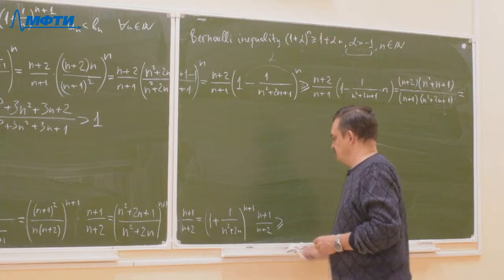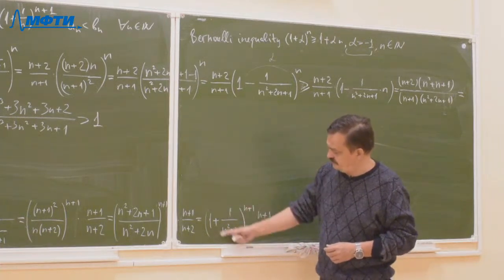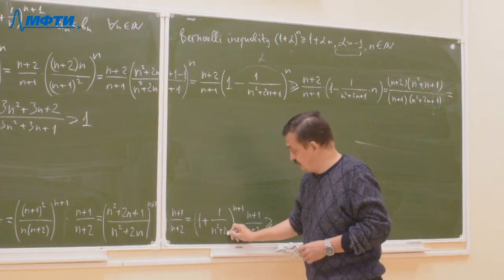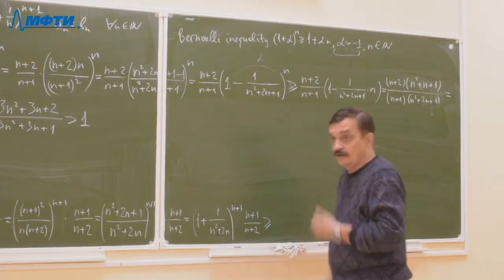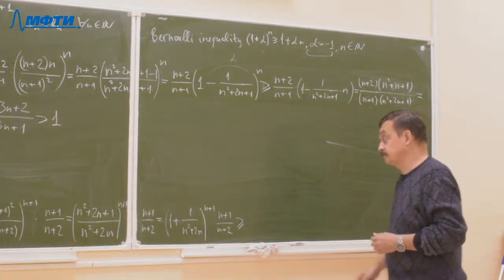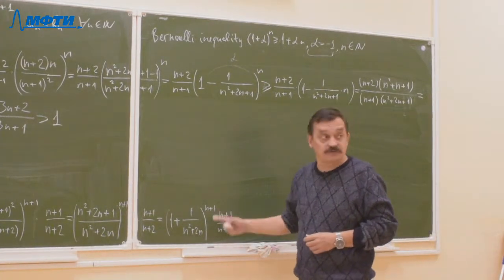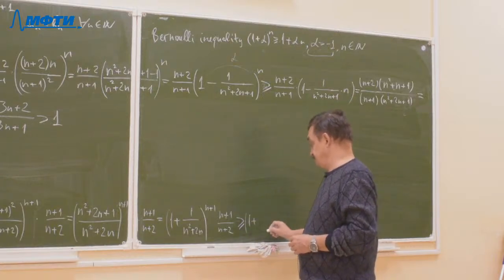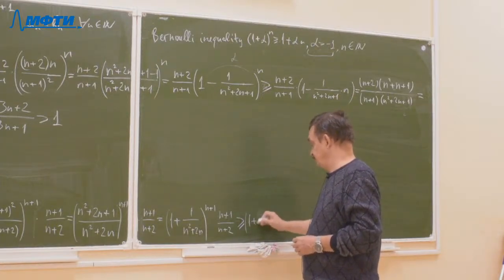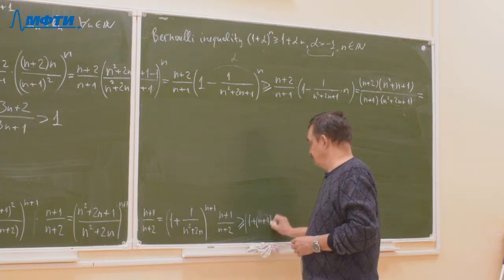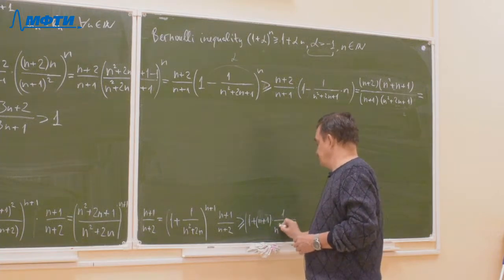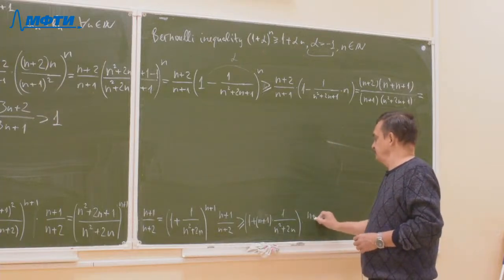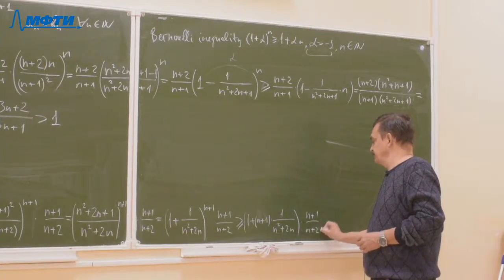And that is greater or equal, so alpha now, in the Bernoulli inequality, is 1 over n squared plus 2n, and the power is n plus 1. So we have 1 plus n plus 1 times 1 over n squared plus 2n, times n plus 1 over n plus 2.